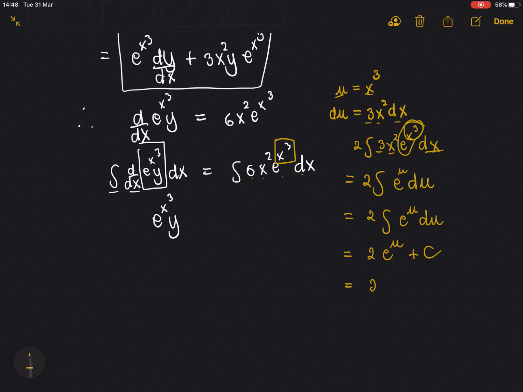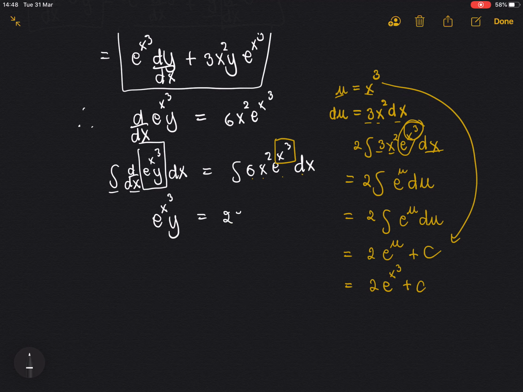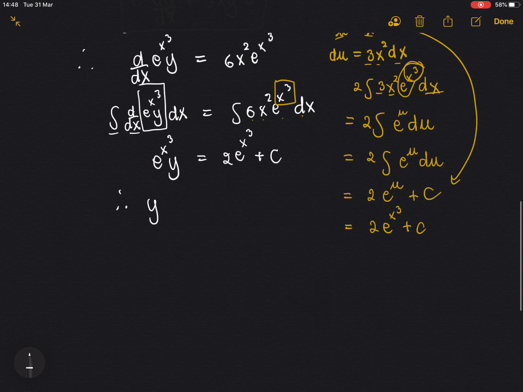We then have to convert the variable u back to its original variable x, substituting u as x cubed, plus c. Therefore on the right hand side of the equation, we will have 2 multiplied with the exponential of x cubed, plus c. Our ultimate goal is to find the function of y, so we will move these functions onto the right hand side of the expression.